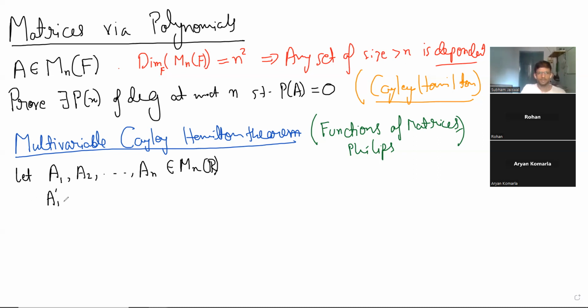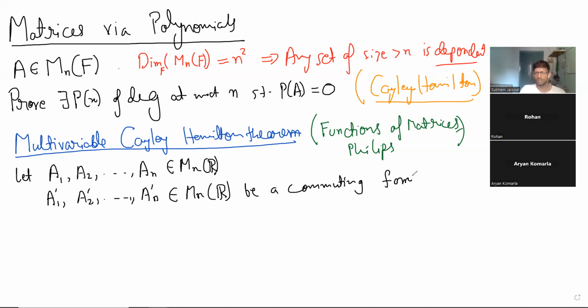And again, another, so now we are looking at collections of matrices. This is also in MN(R), but more interesting, be a commuting family. Okay, so commuting means that these matrices commute with each other. Be a commuting family.